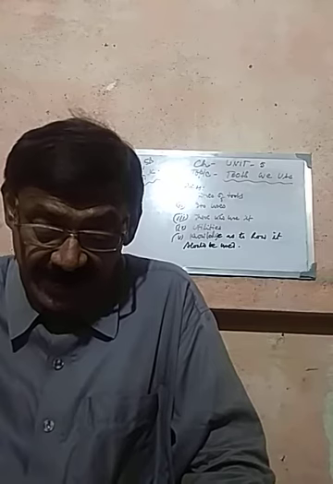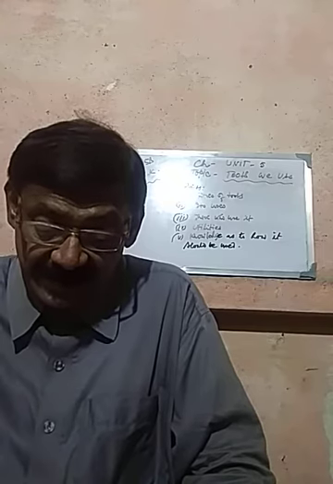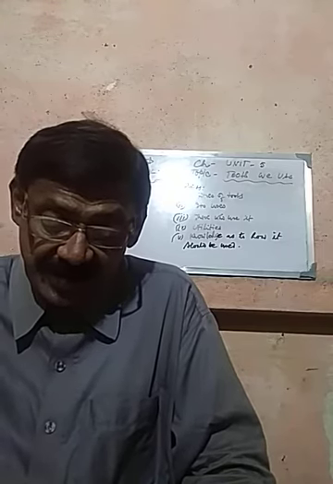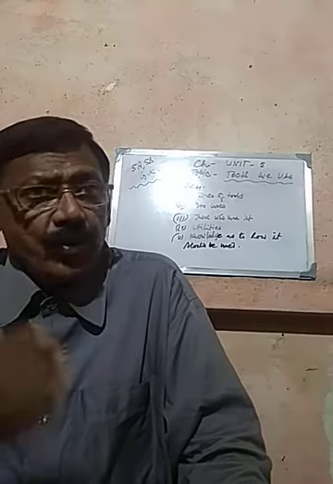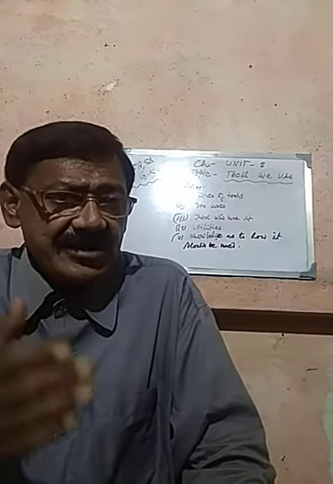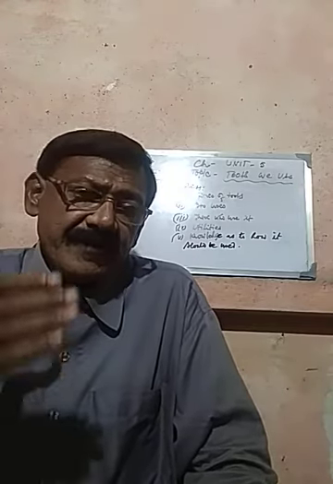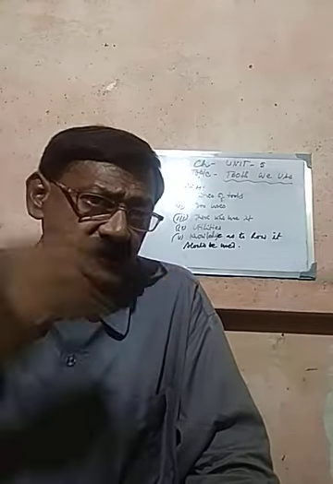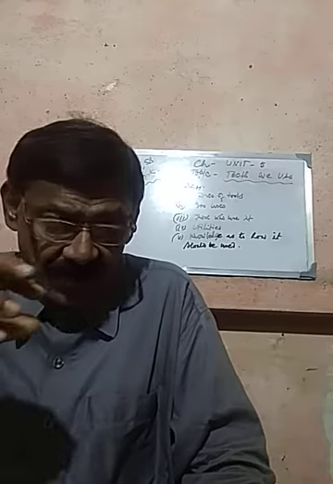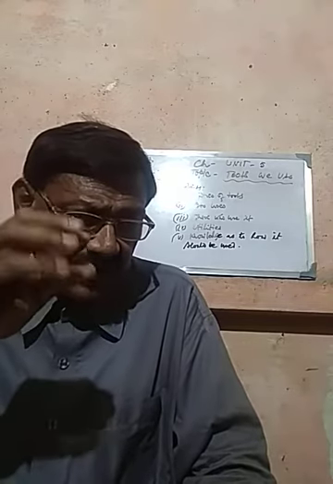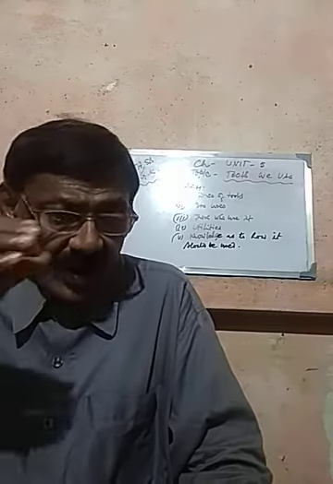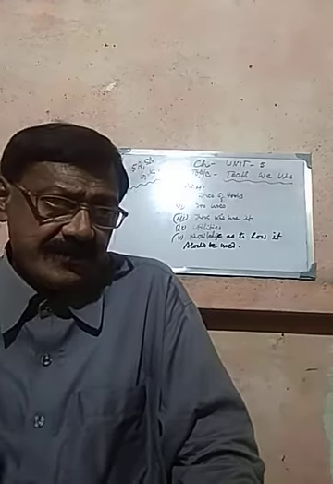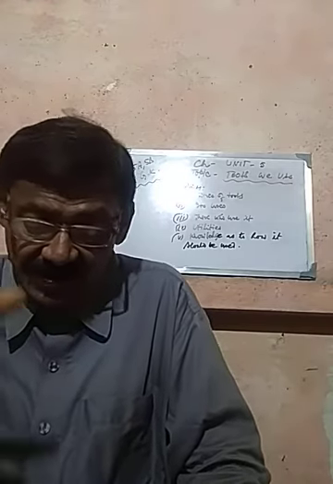And next one, electric drill. Electric drill is used by both the electricians and carpenters in order to drill a wall, or to drill wood. Carpenters as well as electricians use it.